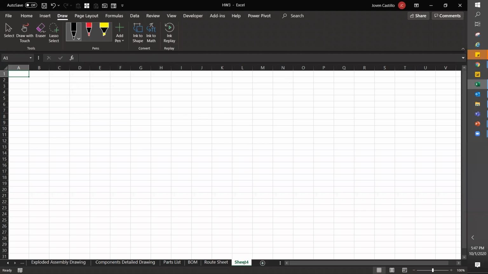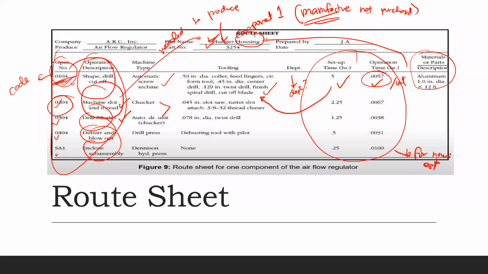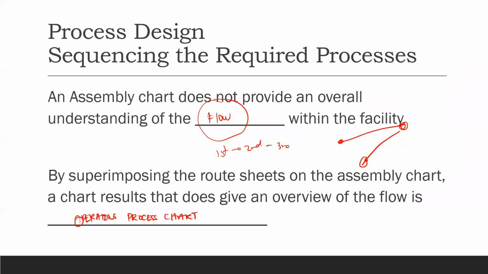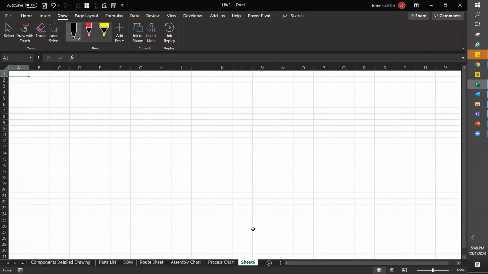Then go back here. So you have here the route sheet. After that, you'll create an assembly diagram or assembly chart. Magkaka-relate po to dapat. And then we have the process chart. Okay, we have the route sheet, assembly chart. Okay, operations process. Lagyan ko lang dito ng operations.